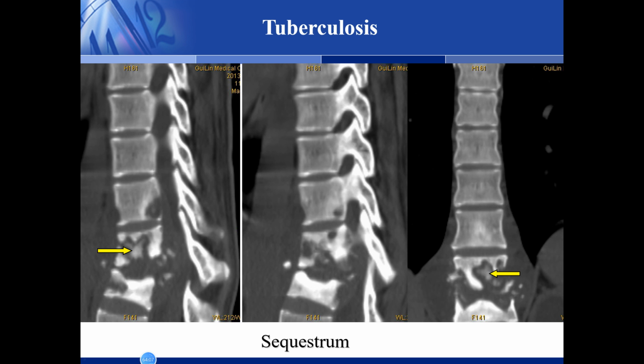The disc space. Here is the disc space, the disc space between the two affected vertebrae. These two vertebrae, the disc space is narrow.